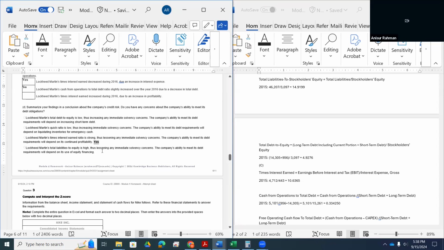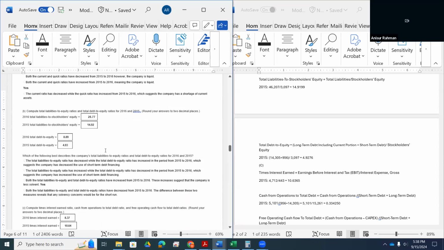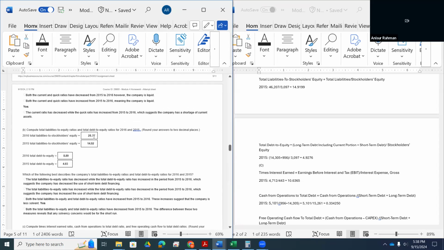Lockheed Martin's total liabilities to equity is high. Liabilities to equity. Yes. If this ratio is above 1, that means this company has more liabilities than equity. In 2015, this company has almost 15 times liability compared to equity. It got worse in 2016.